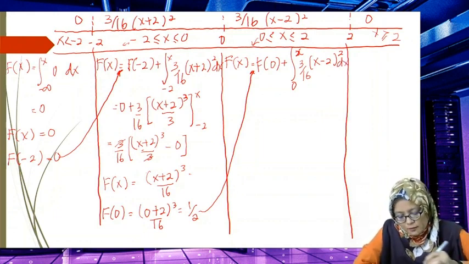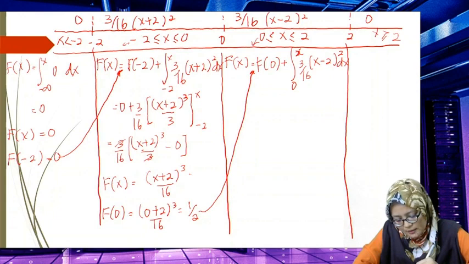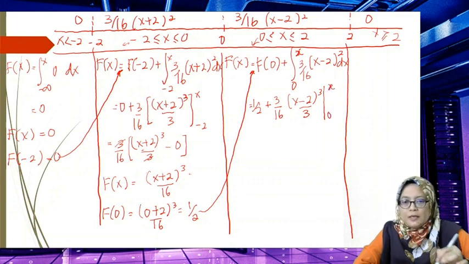Okay, so f(0) is the value one half. Then we integrate 3/16 times x minus 2 cube over 3, substituting values from 0 to x.